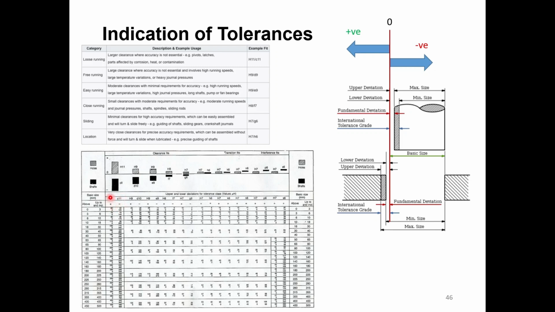see here for the H11, it shows the upper and the lower deviation of the hole. If we take the first row only and the first column, we have 4 numbers here: 60, 0, 60, and 120. For the capital H11, we have a plus sign, meaning that these two numbers are positive, so on this side. And c11 has a negative sign, which means that they are both on the left-hand side of the line.